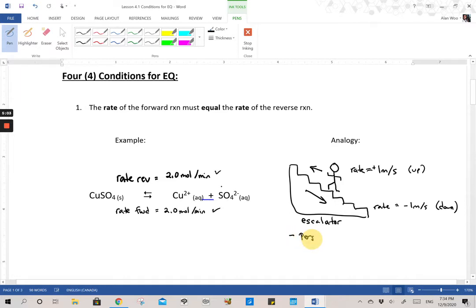So the person on the escalator does not change their position.